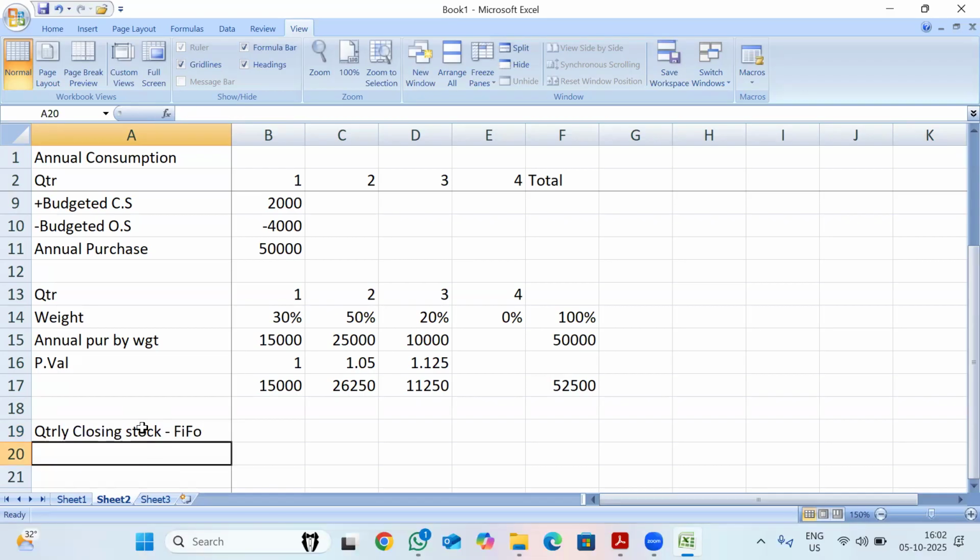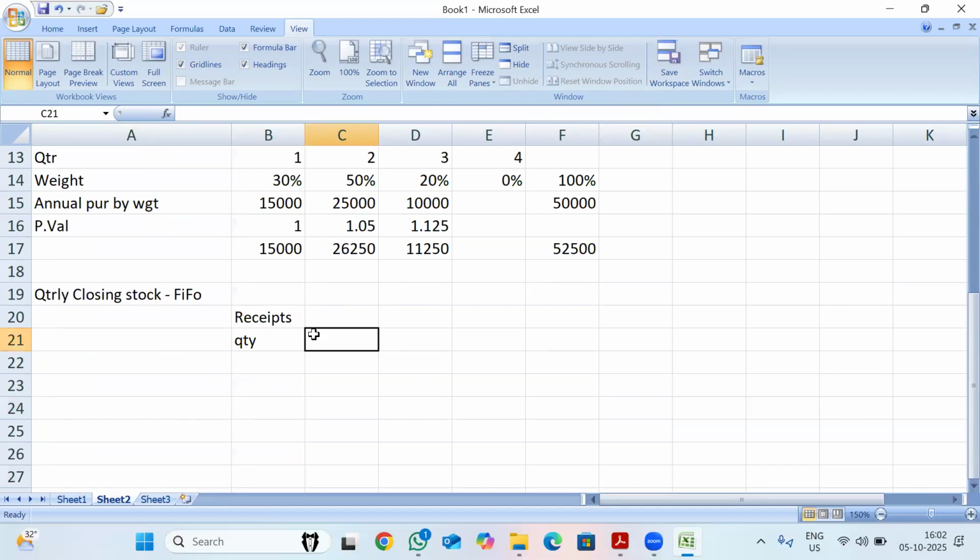So now in first quarter, I'm having receipts, that is quantity, rate, and value.